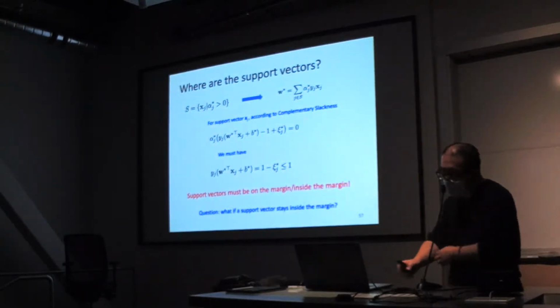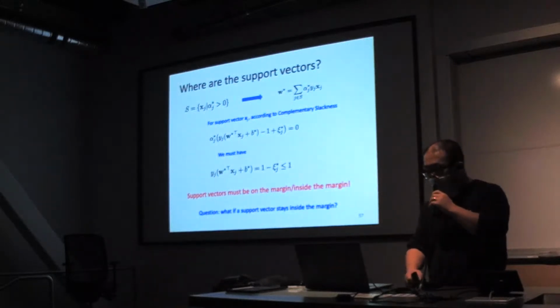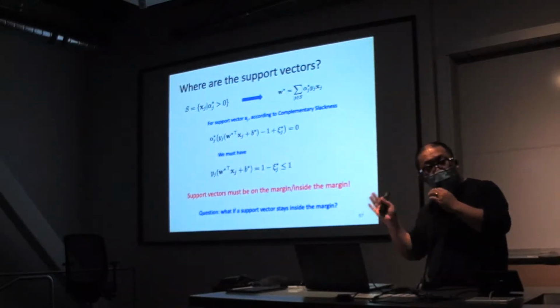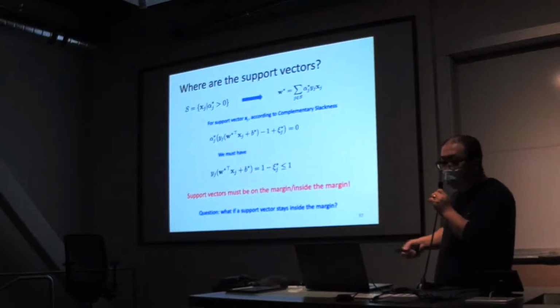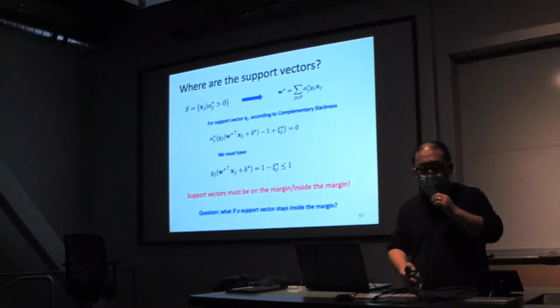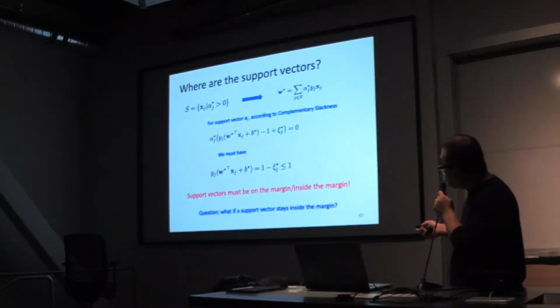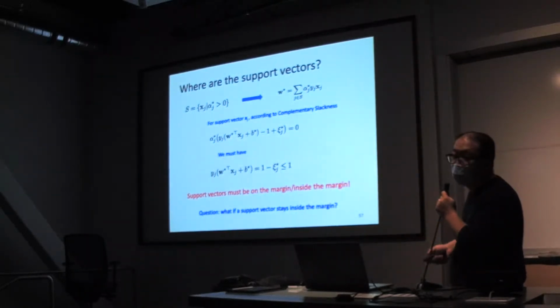So, as a practice, I want you guys to really get into the analysis, using complementary slackness to analyze the locations. If a support vector stays strictly inside the margin, what's the value of alpha i star?